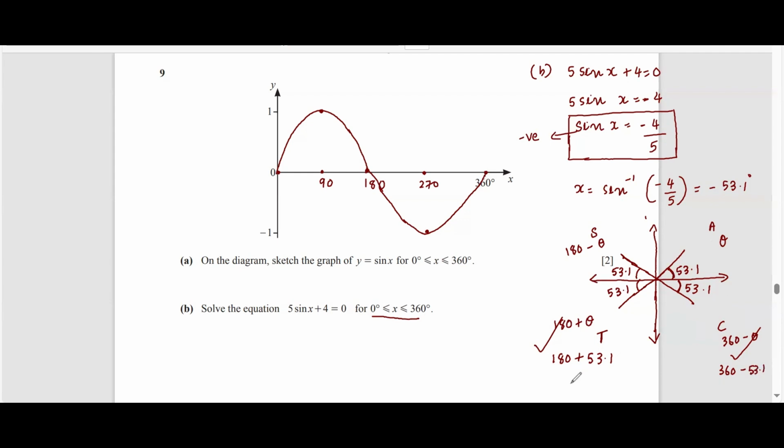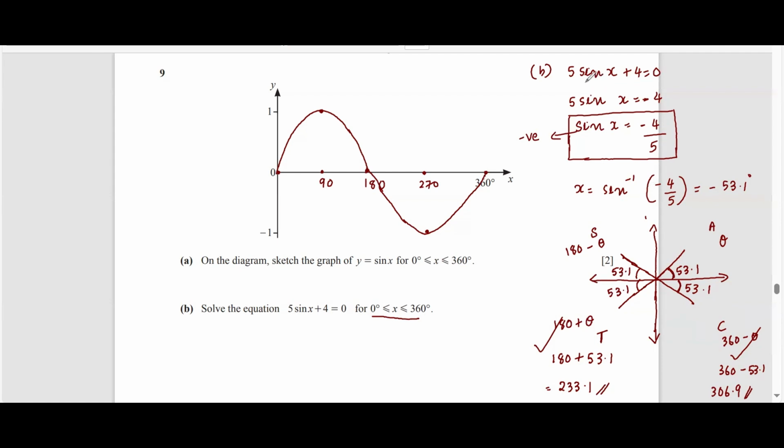So those are the two values for x here. 180 plus 53.1 will give you 233.1, and 360 minus 53.1 will give us 306.9. So that's the final answer for the B part.